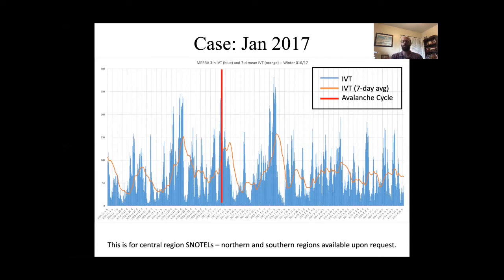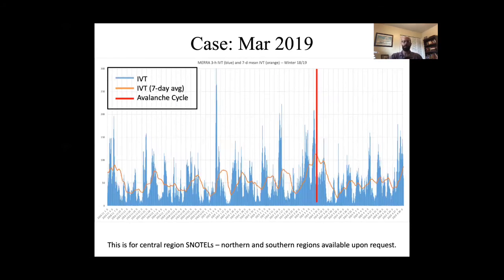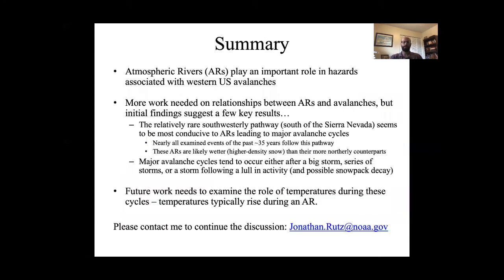There are other factors that go into it that we need to explore. March 2019, this is again a case where it wasn't the biggest IVT event of the year, although maybe in terms of 7-day average IVT, it was. So once again, we see that usually if you're having a really big surge in IVT or 7-day IVT, that often is coinciding with or preceding one of these avalanche cycles.